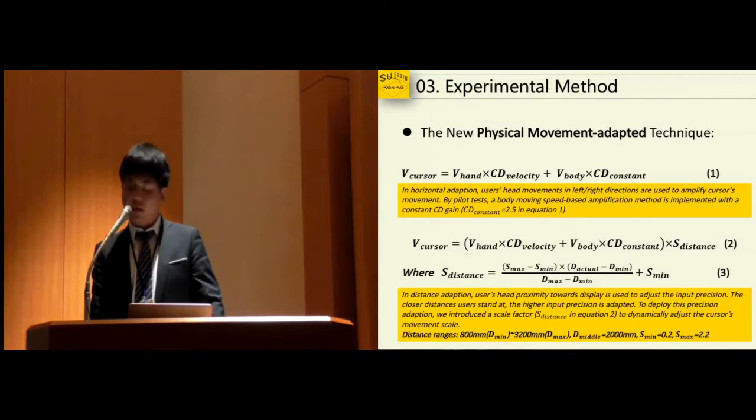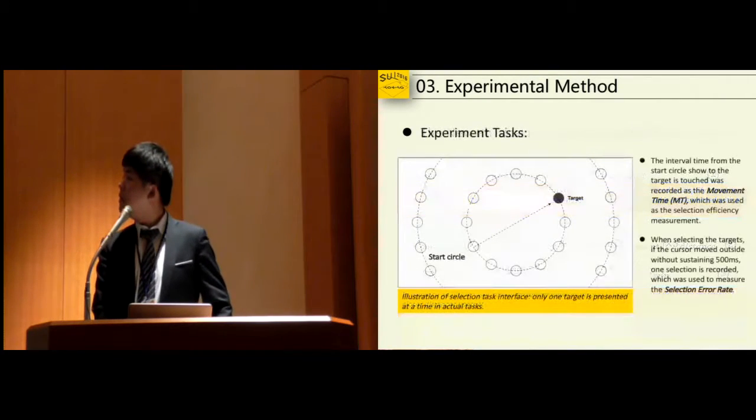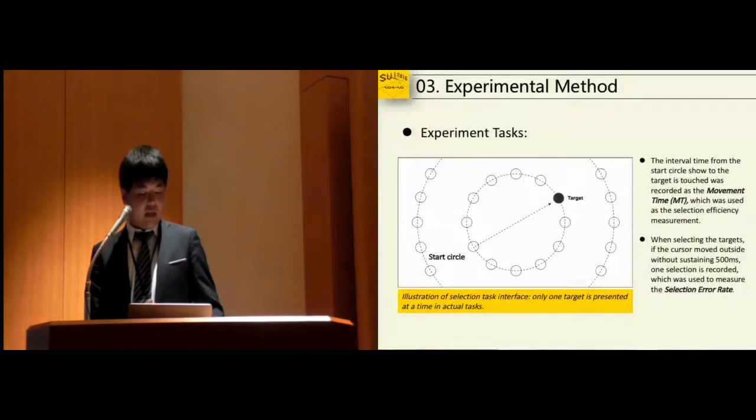The overall calculation equation of the cursor's moving speed in the new technique is illustrated as equation 2 and equation 3. Then in this part, we describe the details of the evaluation experiment.